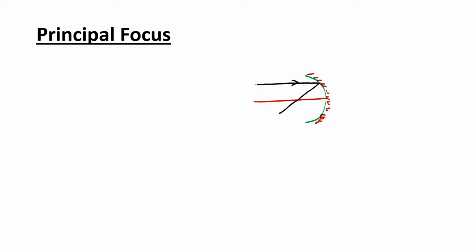Similarly, all the incident rays parallel to this principal axis after reflection will pass through this point, and that point is called focus, where all the light rays after reflection meet. It is called principal focus.